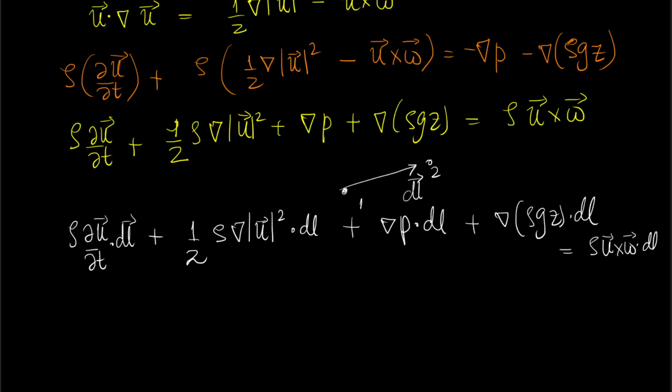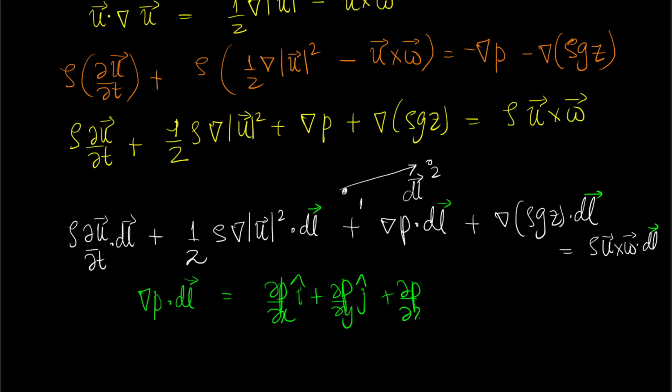So let us look deeply into what the dot product means. So let us look at this. So gradient of P dot dl. Right? So these dl's are vectors. So this is essentially del P del x i plus del P del y j plus del P del z k. This is the gradient of the pressure.